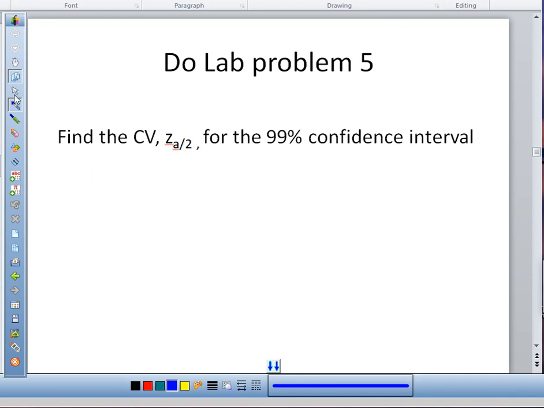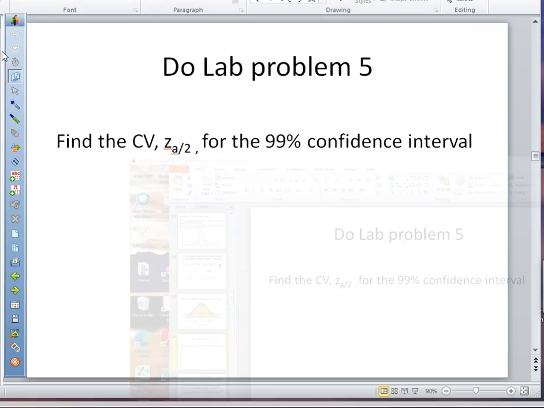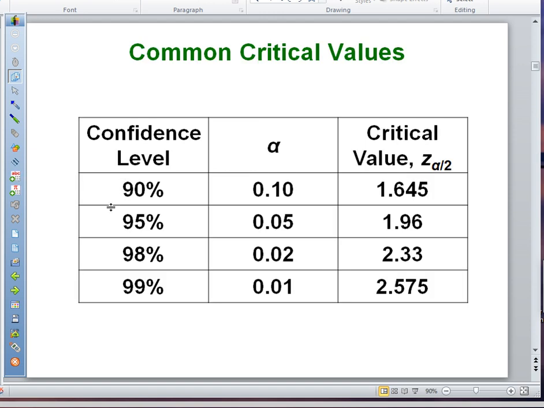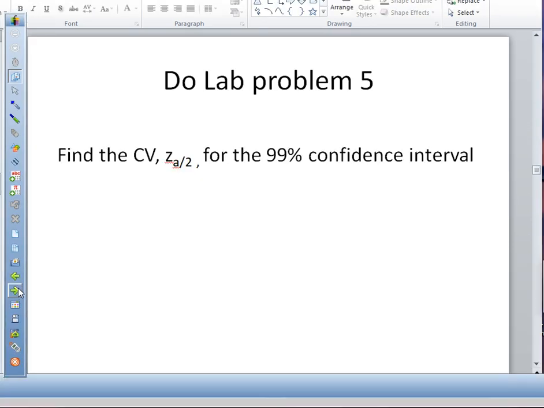Okay, you should be back. And again, from that table, you can take a look at it if you want. It's up here, right? 95% confidence interval, did I say 99? 99% confidence interval.